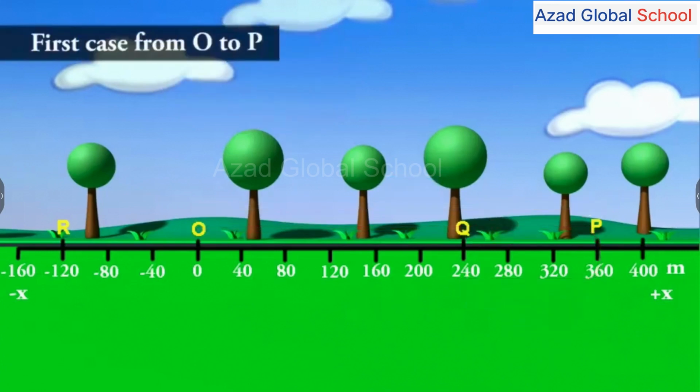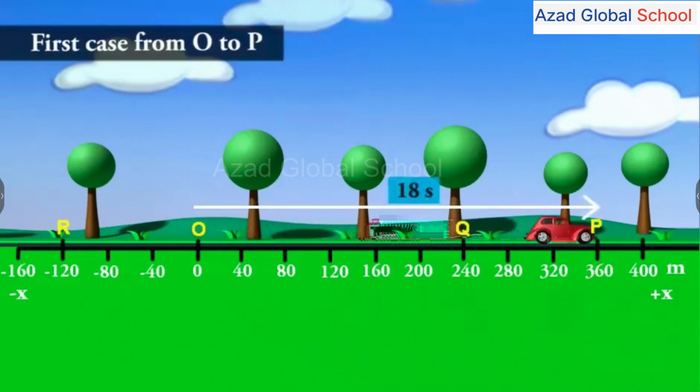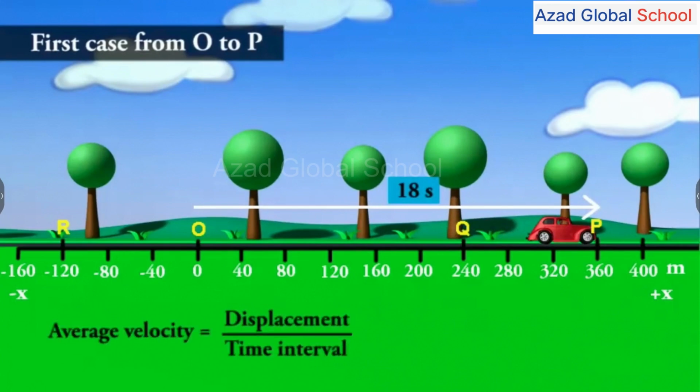First case, from O to P. Average velocity is equal to displacement upon time interval. V bar is equal to 360 meters upon 18s, which is equal to 20 meter per second.